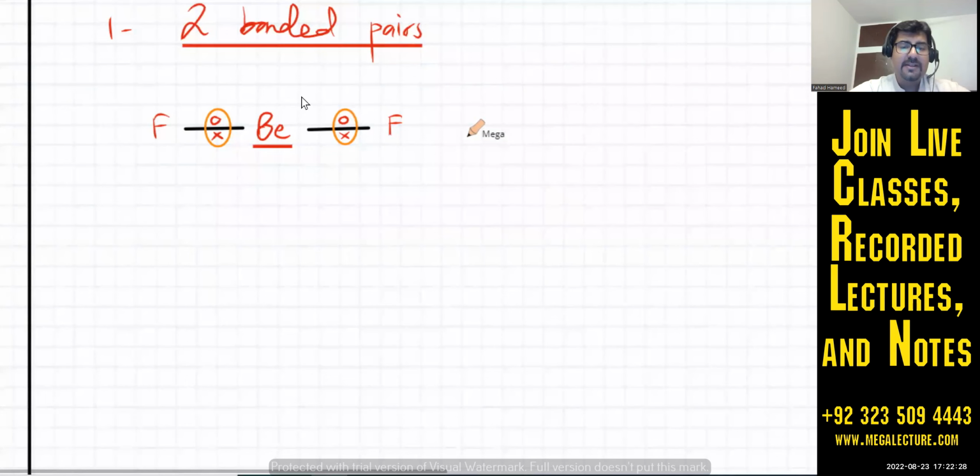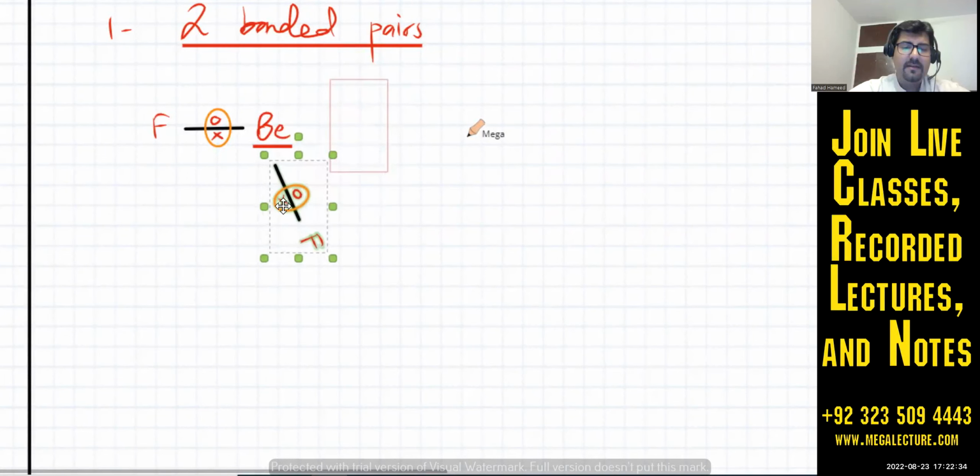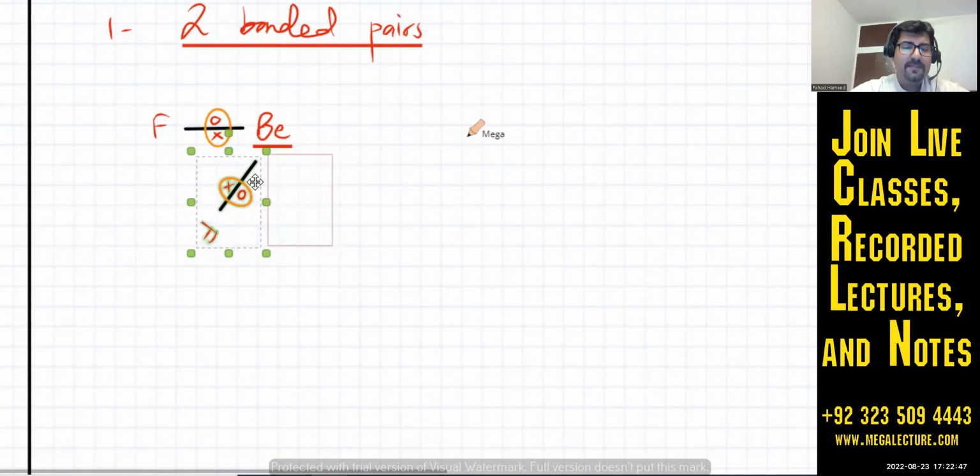But there are different scenarios. This fluorine over here might be bonded like this, right? But this pair of electrons and this pair of electrons want to be as far away from each other as possible. If both bonds are very close to each other, like this, then obviously there's going to be too much repulsion.